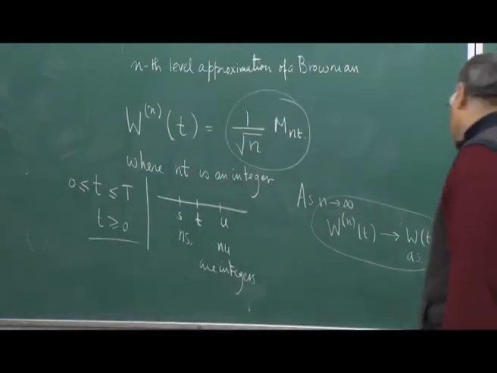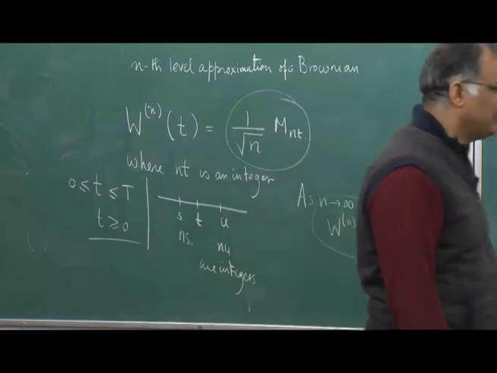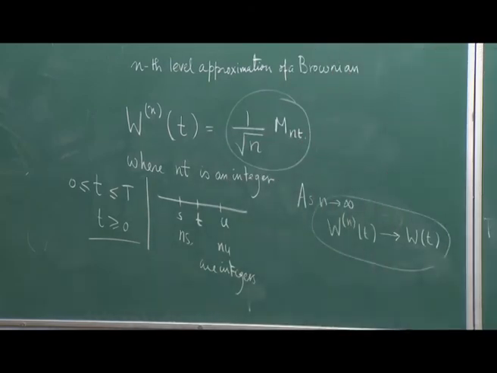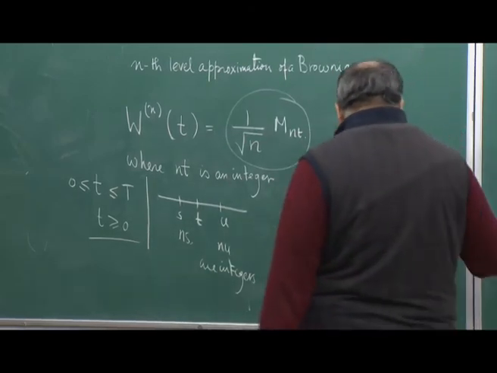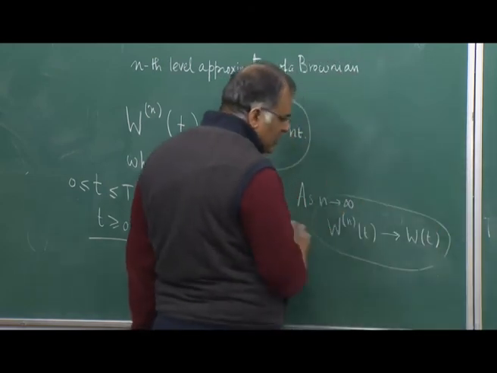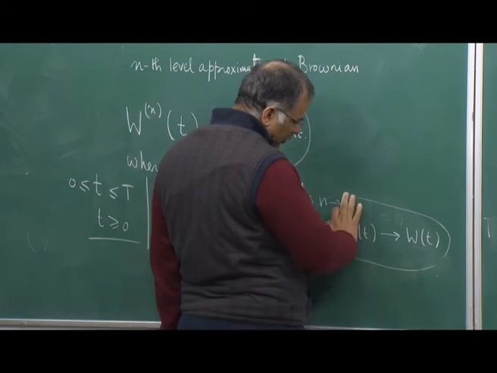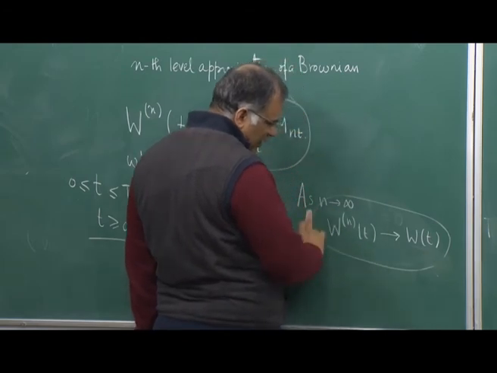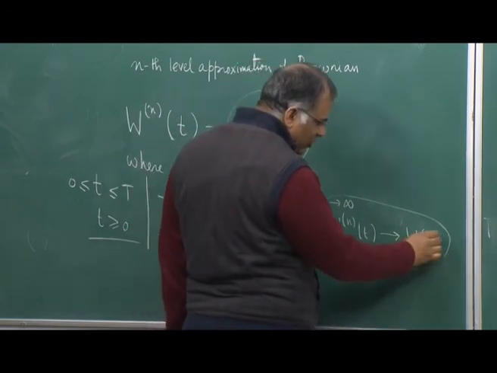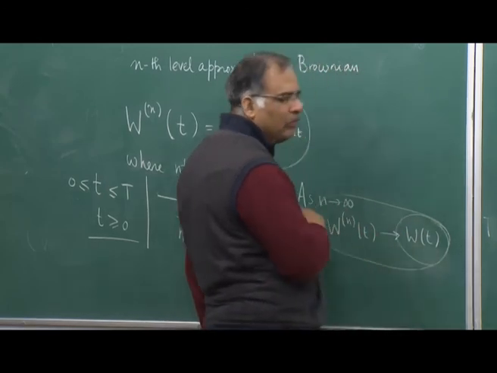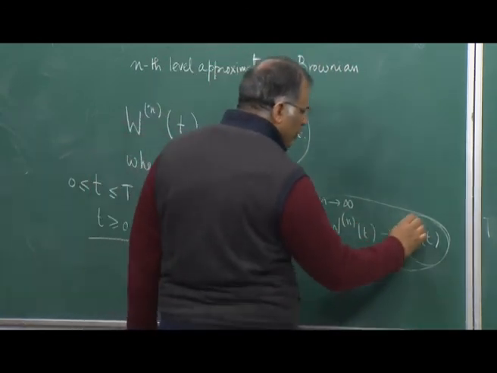These are terms which I have not mentioned, just forget them for a while. It converges in some sense, and as n becomes infinite, this stochastic process changes into what is called a Brownian motion.